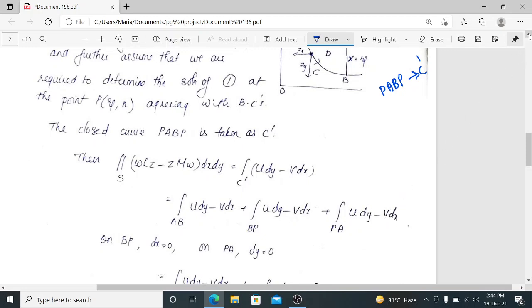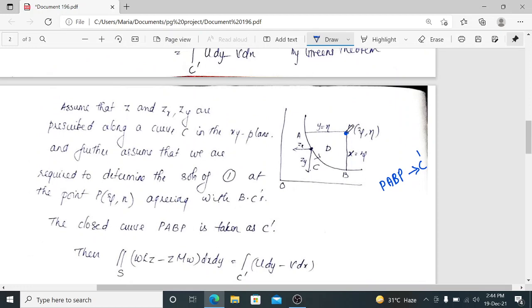Okay. And now you can see that along PA y is equal to eta, and along PB x is equal to xi, which are constant values. Therefore dx will be equal to 0 along PB and dy will be equal to 0 along PA.